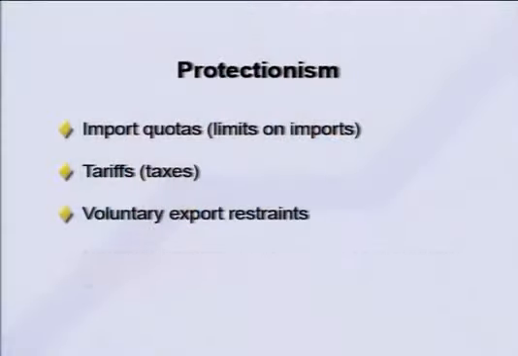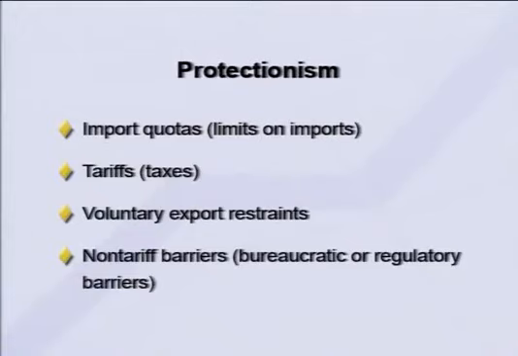A final type of protectionism is called a non-tariff barrier. And this is kind of the catch-all category. A non-tariff barrier is a bureaucratic or regulatory barrier which is set up really for the purpose of restricting imports.